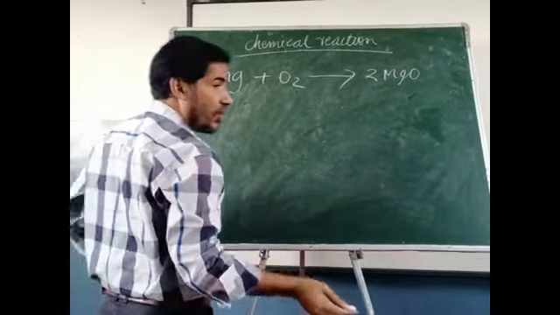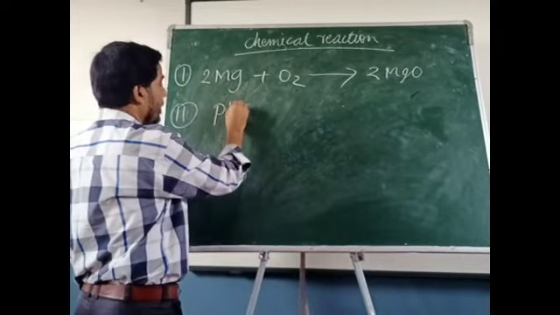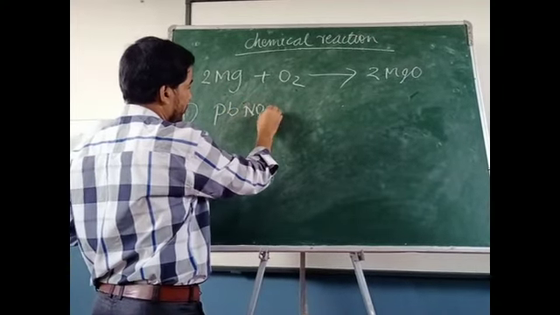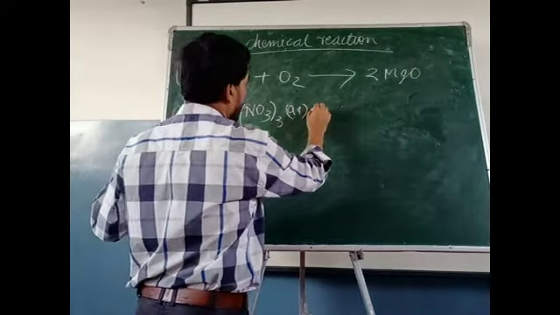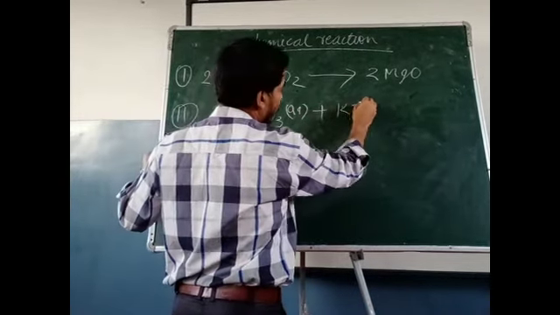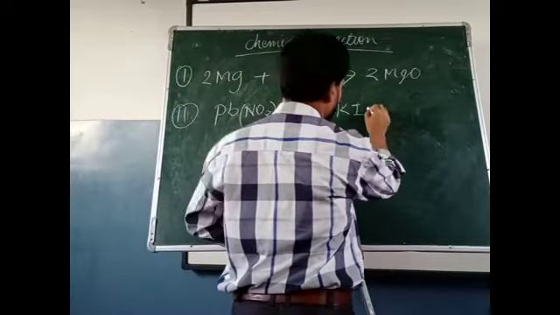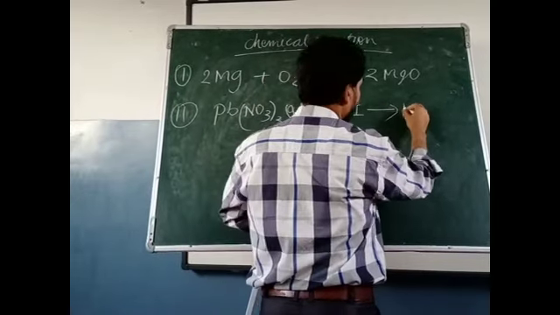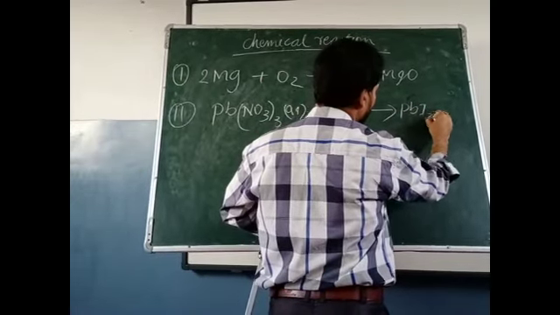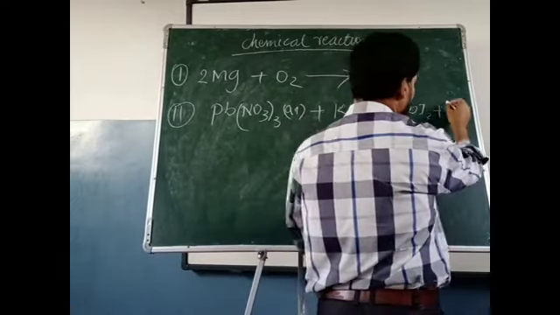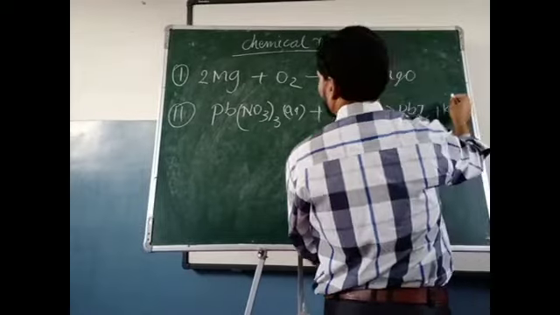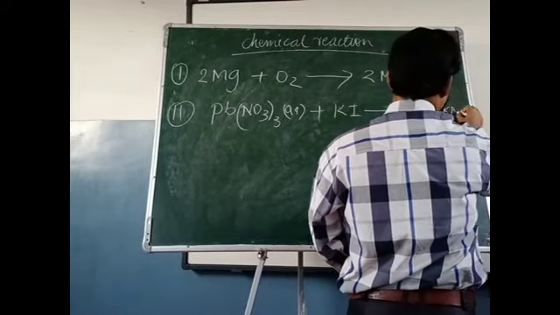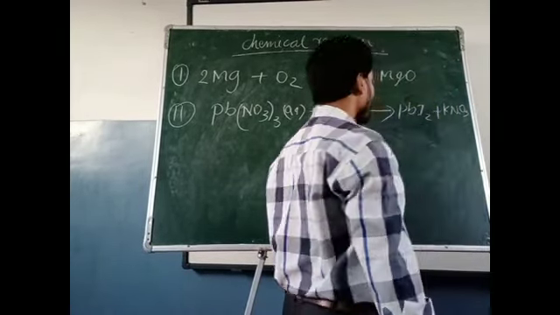Suppose we have taken lead nitrate, Pb(NO3)2 aqueous, plus potassium iodide, gives PbI2 plus KNO3.